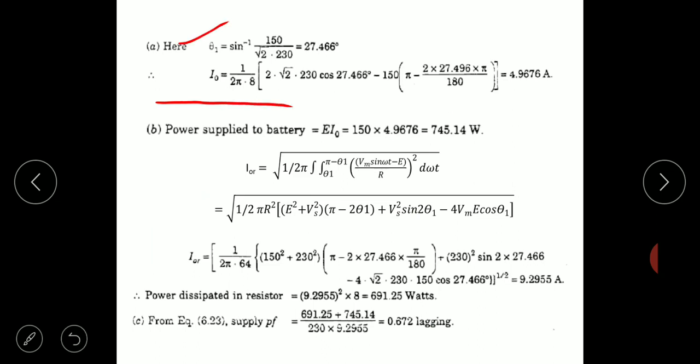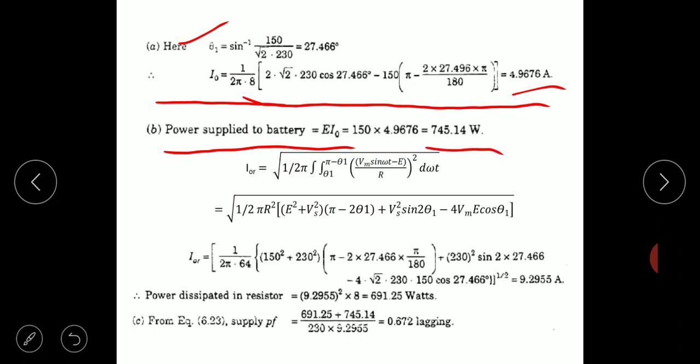Theta 1 is equal to sin inverse of E by Vm, and by putting in the expression for I naught, we can determine the value of I naught. Power supplied to battery will be capital E multiplied by I naught. We know capital E, we have determined I naught, we can calculate power supplied to the battery.